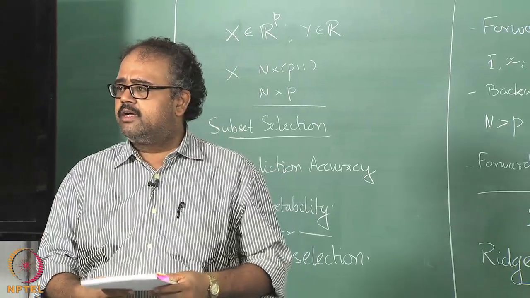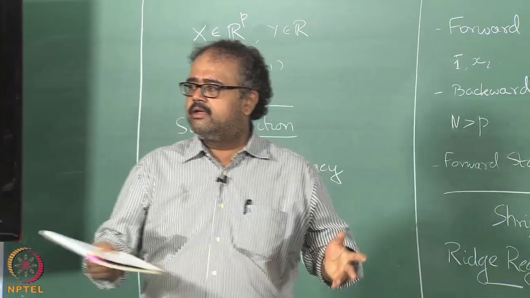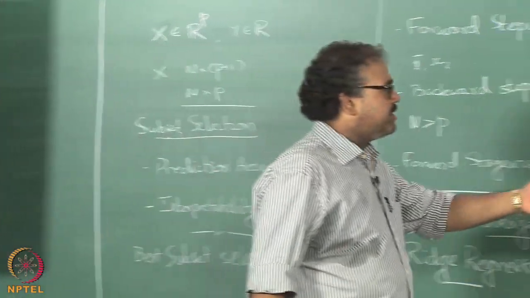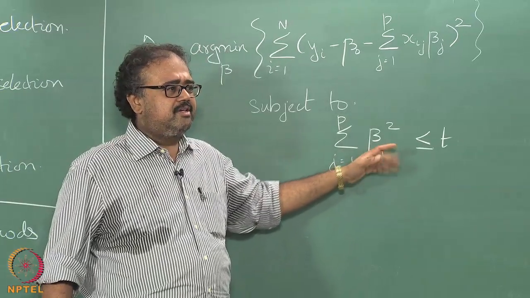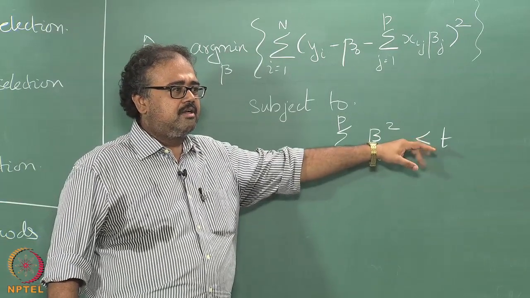Fairly straightforward. I have added a squared norm constraint. Think about it, this is essentially the L2 norm for my beta.